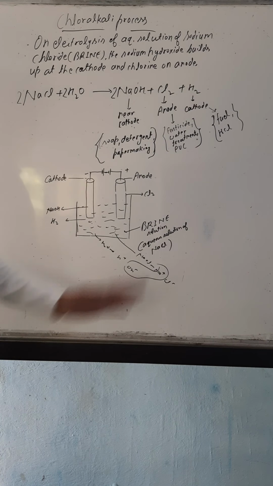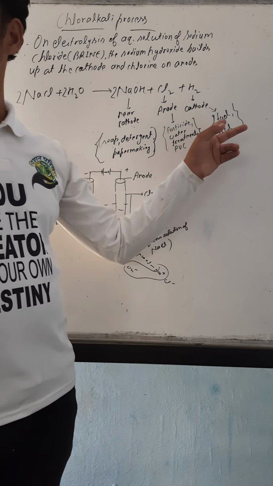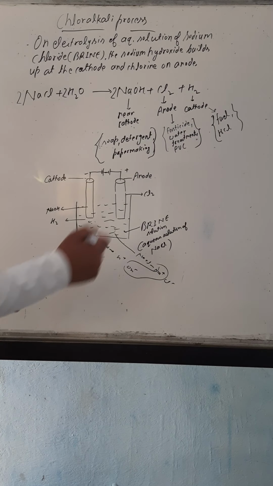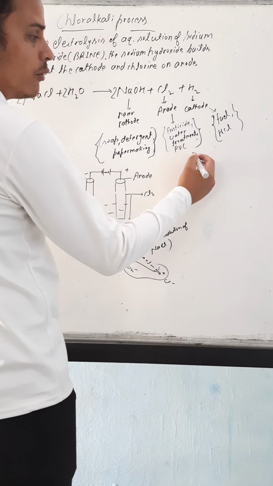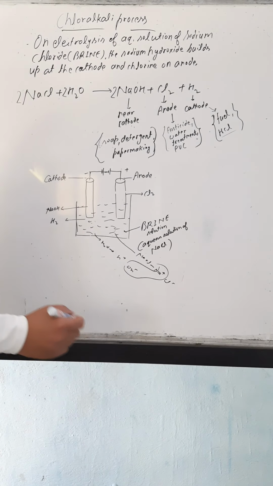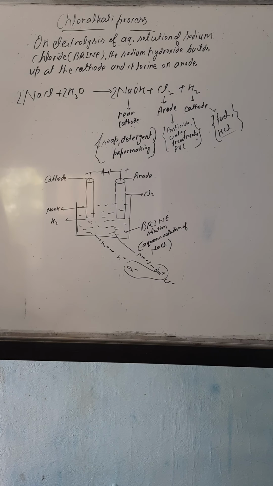And if you see hydrogen, hydrogen is used as a fuel first. And if you react hydrogen and chlorine together, they are going to make HCl, that is hydrochloric acid.